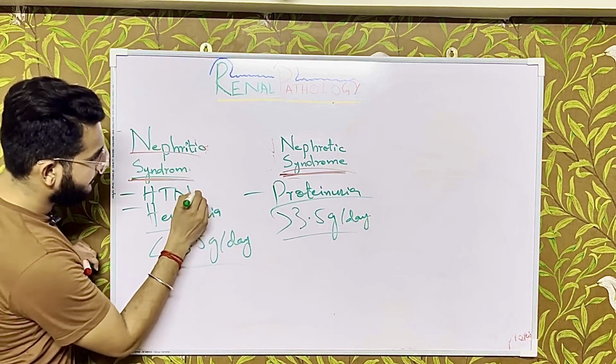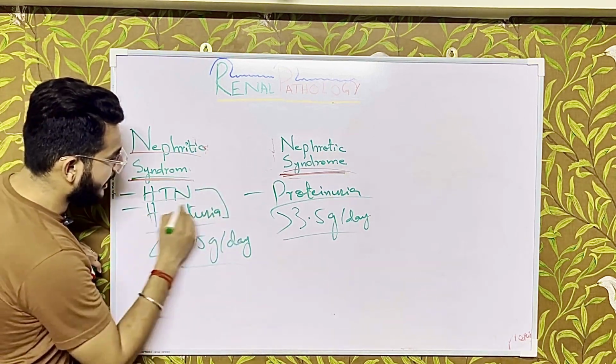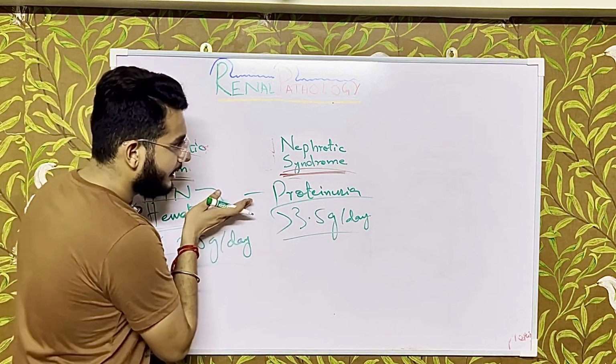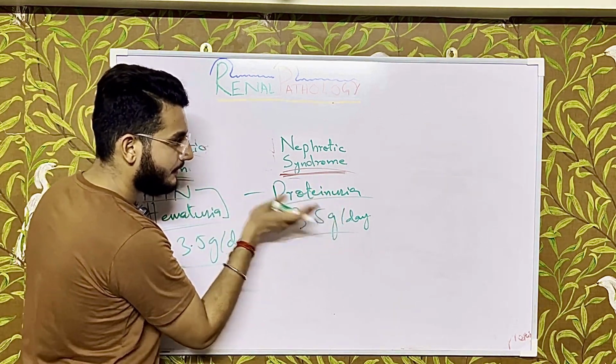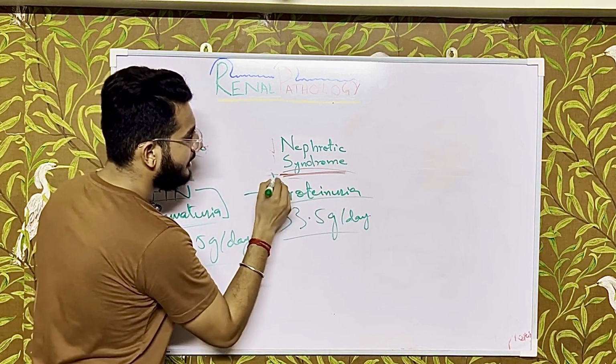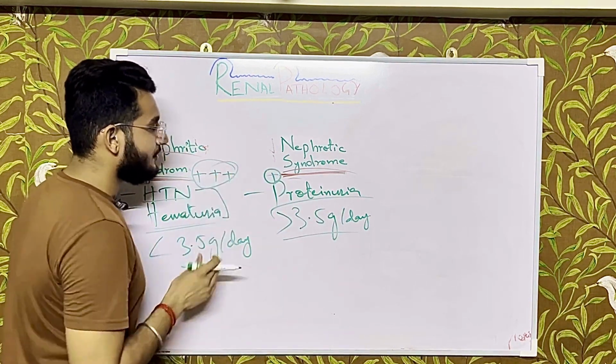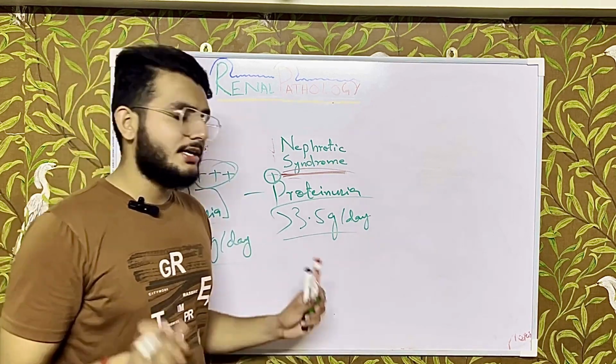All these features of nephritic syndrome, the hypertension and the hematuria, are also seen in the nephrotic syndrome, but they are lesser.